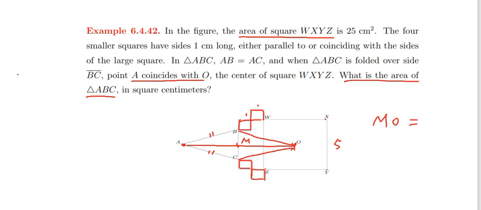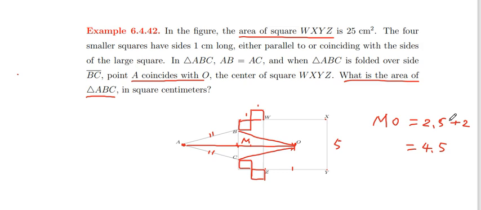MO is this 2.5 plus 2, since this is 5 and half of it is 2.5. So MO equals 4.5.